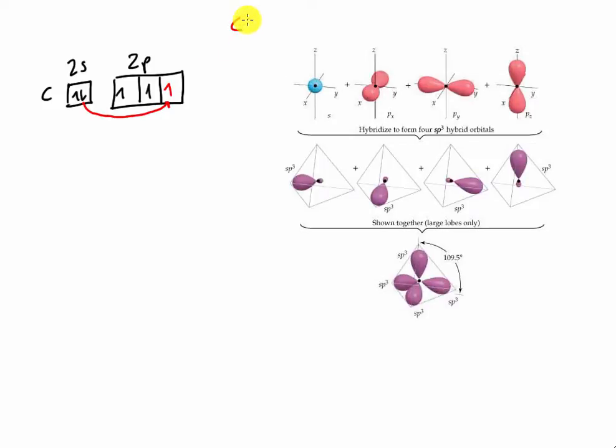So when CH4, methane, is formed, energy is going to be used to make this molecule. Well, what it does is it causes an electron to be promoted up, and you end up with this new configuration, or at least the configuration will now look like this. You have 1 electron in the 2s, and you now have 3 electrons in the 2p, 1, 2, 3.